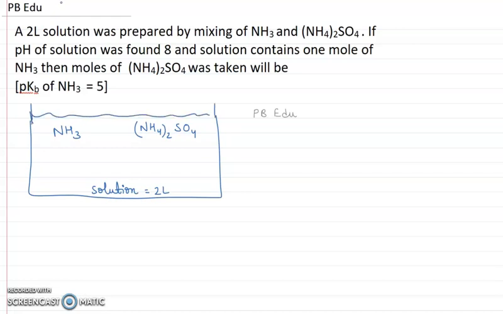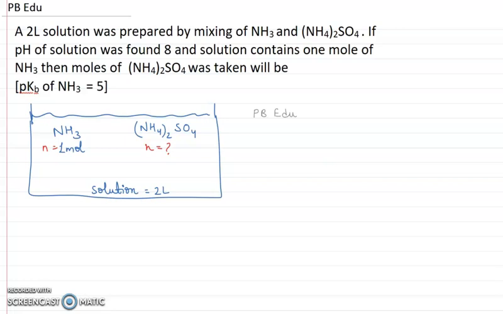So we have mixed ammonia and ammonium sulfate. For ammonia, the number of moles is given to be 1 mole. And for ammonium sulfate, we have to calculate the number of moles.